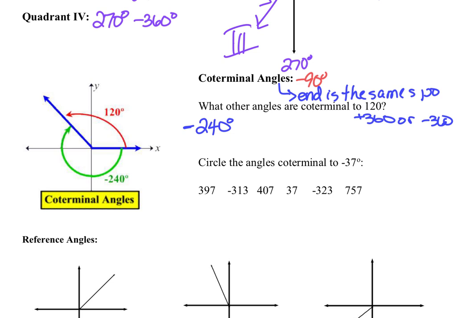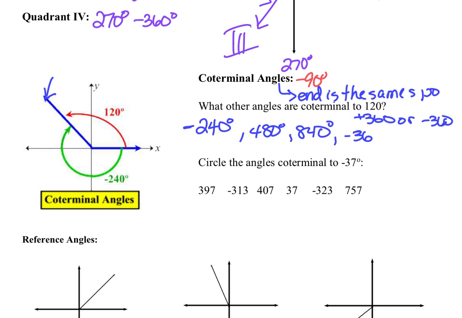So if I do 120 plus 360, that's 480. So 480 is coterminal. Add another 360, I get 840. If you were to draw all of these angles, they would all end right here. But you could also go backwards, so that negative 240 is coterminal to it. But if I subtract another 360, negative 600 would also be coterminal.